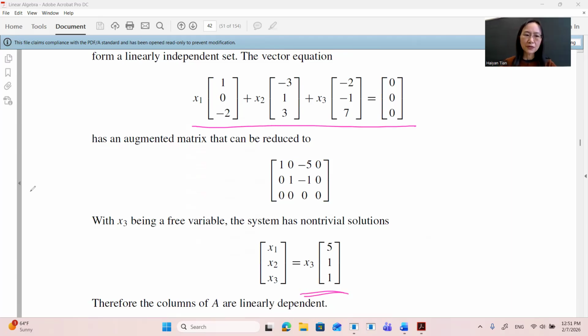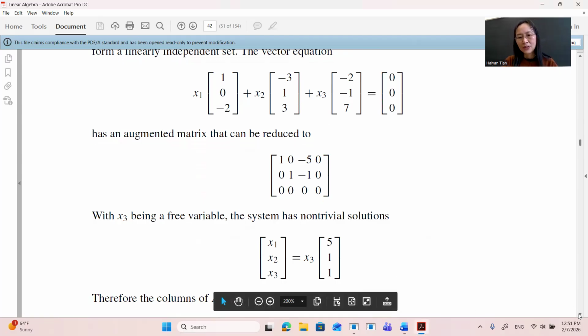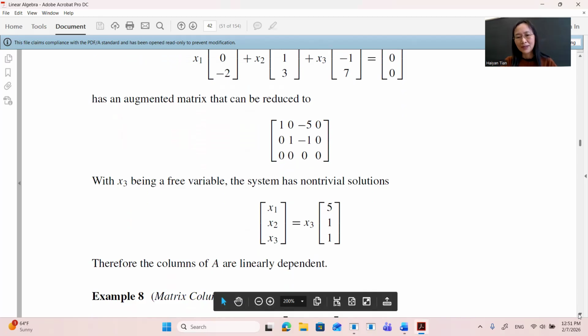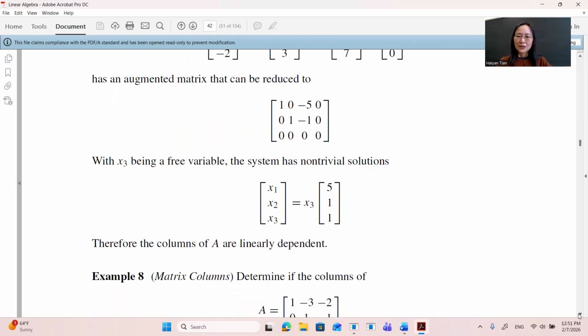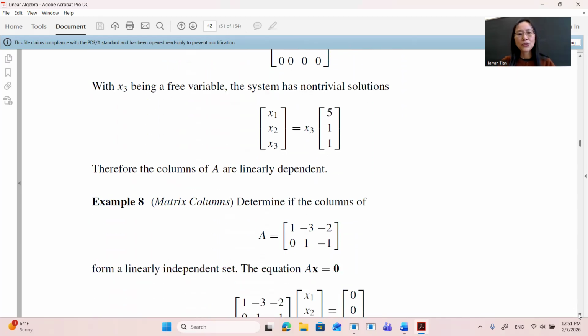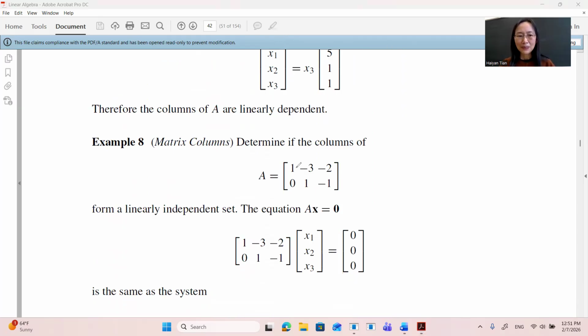That means whenever there's a free variable, you know there are definitely more than trivial solutions. Sometimes it's easier to tell if there's a free variable. If you have a matrix with 3 columns, we don't have to reduce, we know there must be at least one free variable, right?